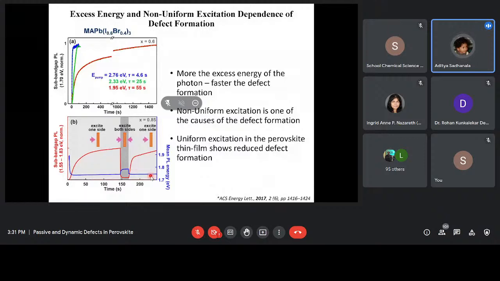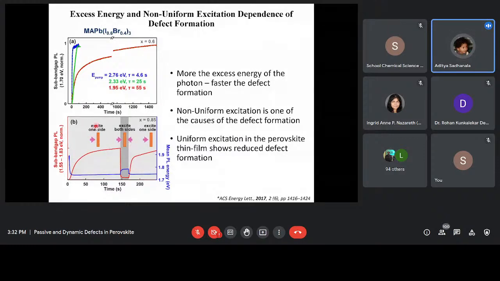But this exponentially decaying absorption actually results in an exponentially decaying generation of charge carriers. So you generate more charge carriers at the surface than inside, because you absorb less in the depth of the film than at the surface. If you excite from both sides, you are generating more on both sides of the surface, not just on one side.